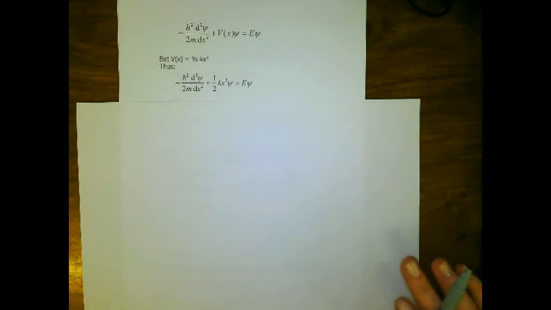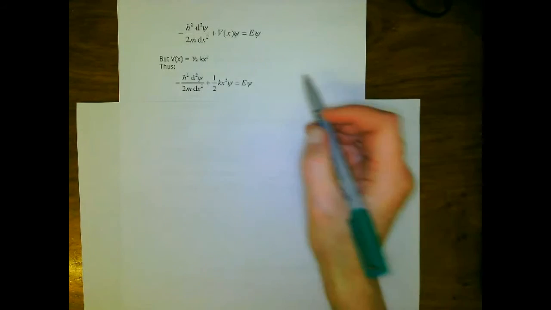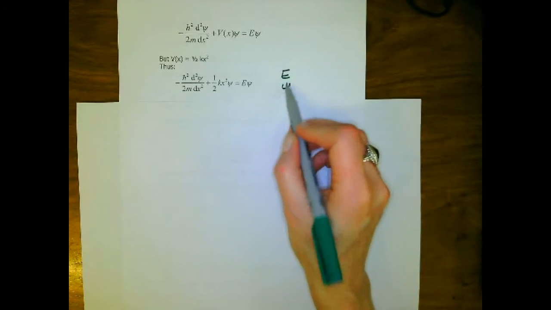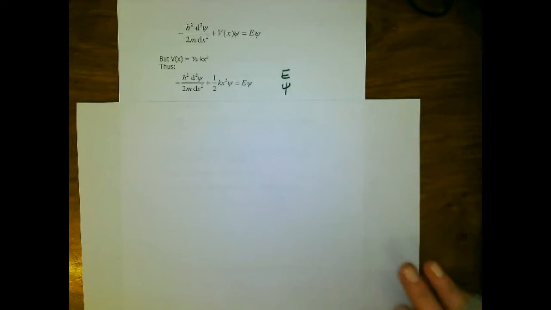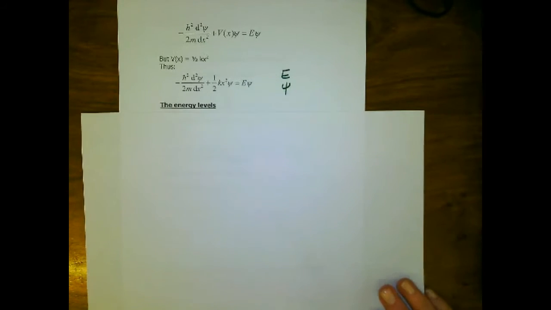So solving the Schrödinger equation provides us with both the energies and the wave functions of the harmonic oscillator. And we're going to look at the energy levels first. Again, the energies are quantized as a result of boundary conditions.